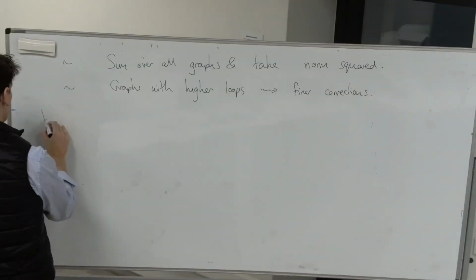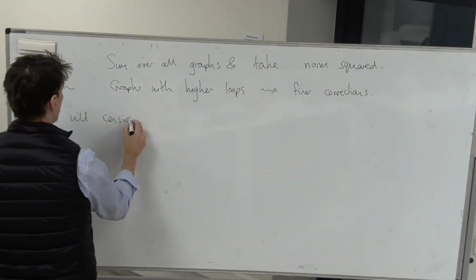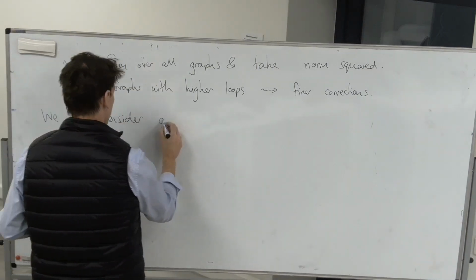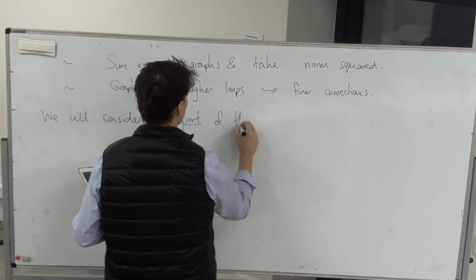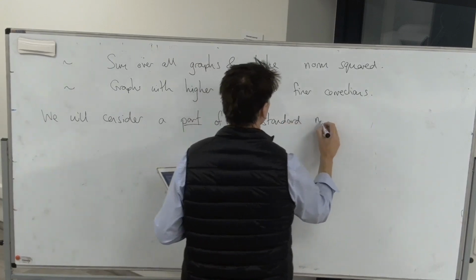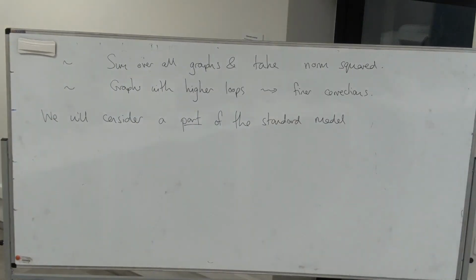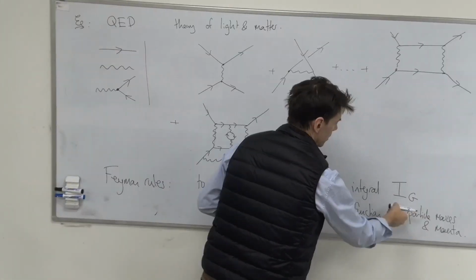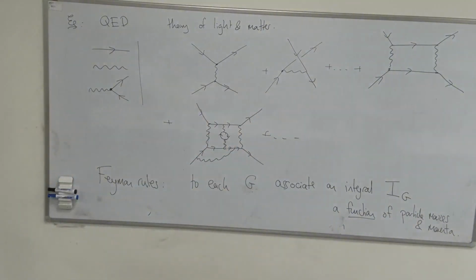So what we want to do is consider a very simple part of the standard model of physics, where there will be no masses and no momenta. These aren't functions, there'll be numbers. Of course, there are masses and momenta, but they're sort of hidden somehow.